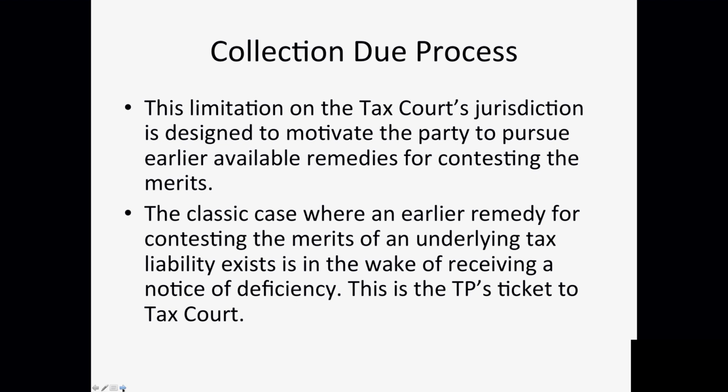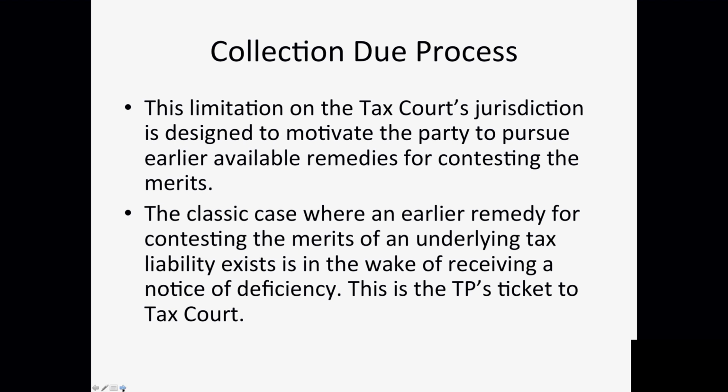So, as I mentioned before, the taxpayer can file a protest to IRS appeals in order to attack the merits of the underlying liability, or the taxpayer might skip that step altogether, and there are some taxpayers who do that and go right to tax court, in which case, because it's their first bite at the apple on attacking the underlying tax liability, they will be allowed to dispute the merits. And so they would wait for what's called a notice of deficiency, and that's usually their ticket to tax court.